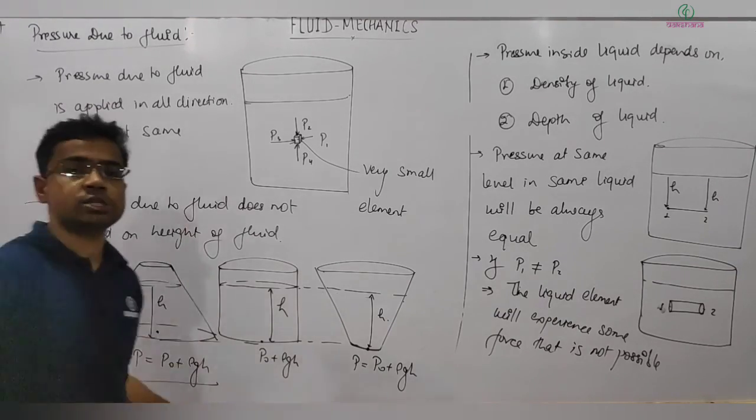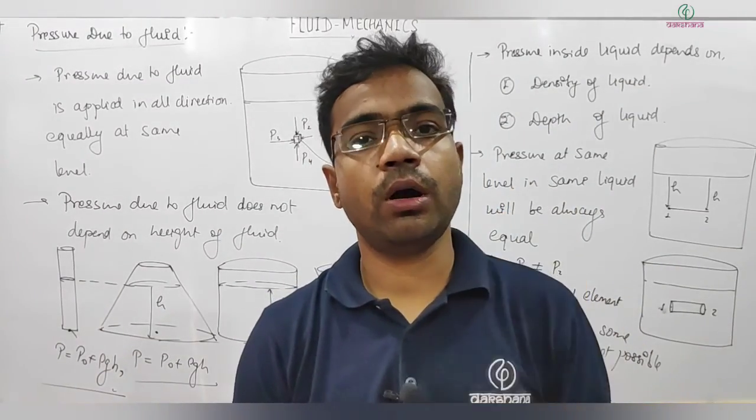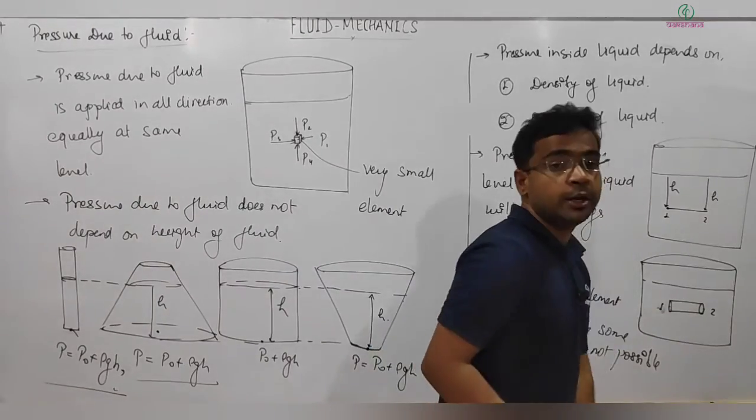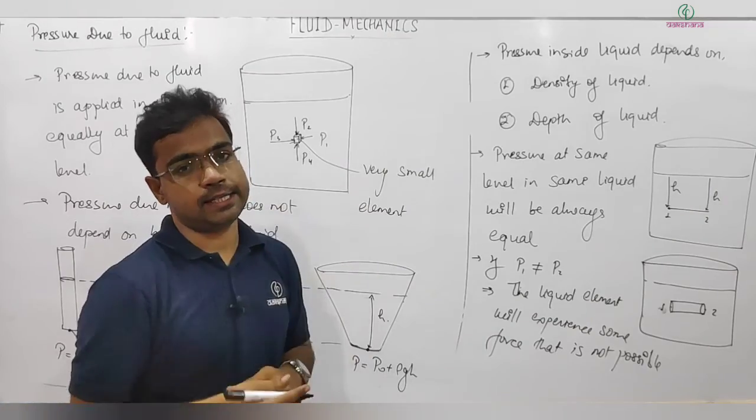So it depends only on the height of fluid column, not on its weight. Pressure at same level will be same. Pressure at any point inside the fluid will be acting in all directions.